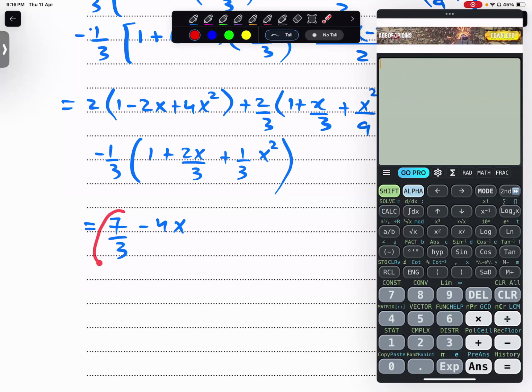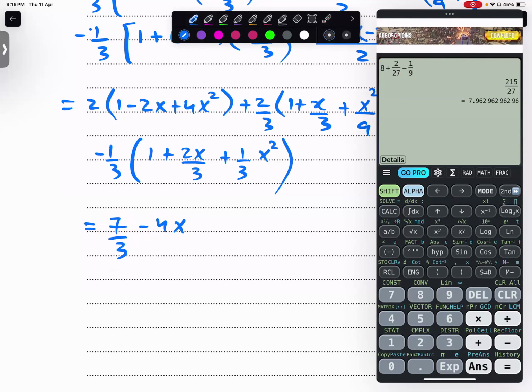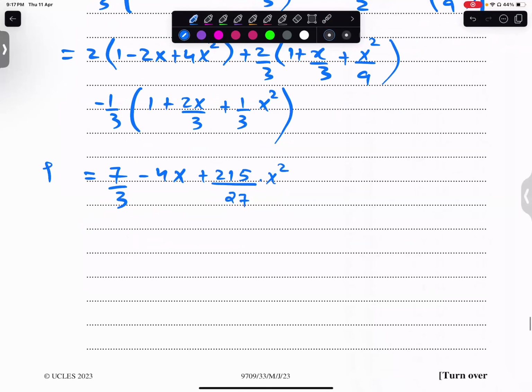You may have different types of fractions. So 4 twos are 8, and then plus 2 divided by 27, then minus 1 divided by 9. So 215 over 27 x square. This is your final expression up to x square. This is your final answer.